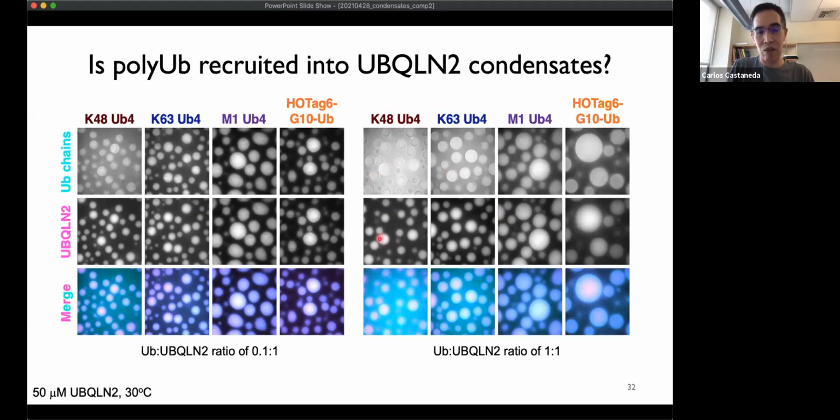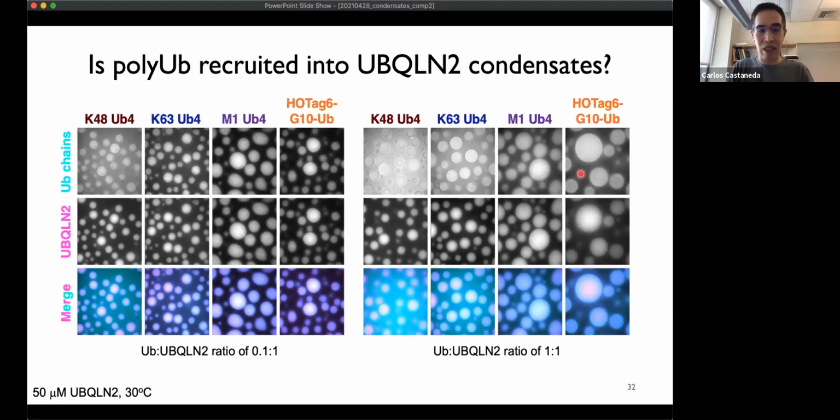And same thing with these different types of chains here too. You can still see that the hot tag and M1 tend to be in the droplet more so. You'll notice that there's an increase in the dilute phase, and that's because we're titrating in more and more of the ubiquitin chain. So there's clearly going to be more that's present in the dilute phase.